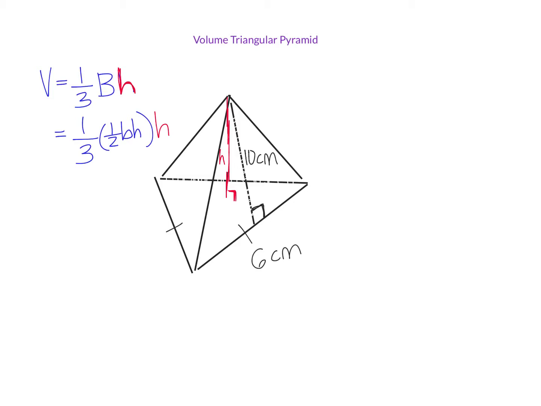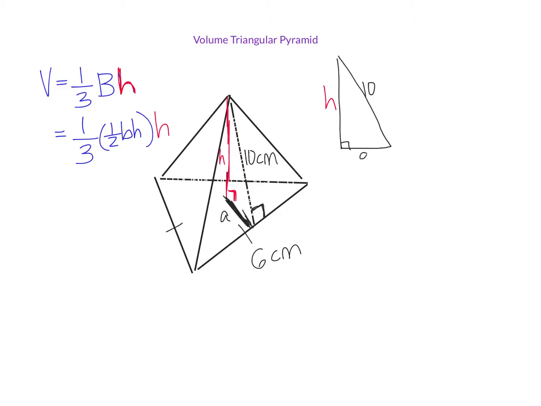So what you would do is just imagine that we are creating a right triangle right here, and this right triangle is made up of the slant height, which is 10 centimeters as the hypotenuse, and then our height is one of the legs, which is the height of the pyramid, and then this bottom side right here would represent the apothem of the equilateral triangle that we have.